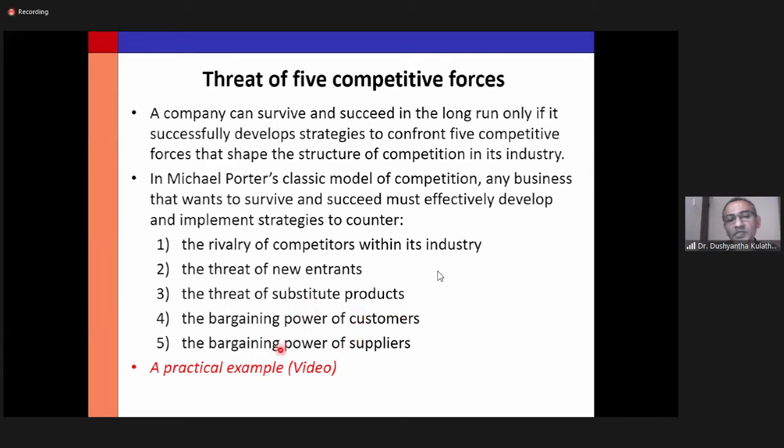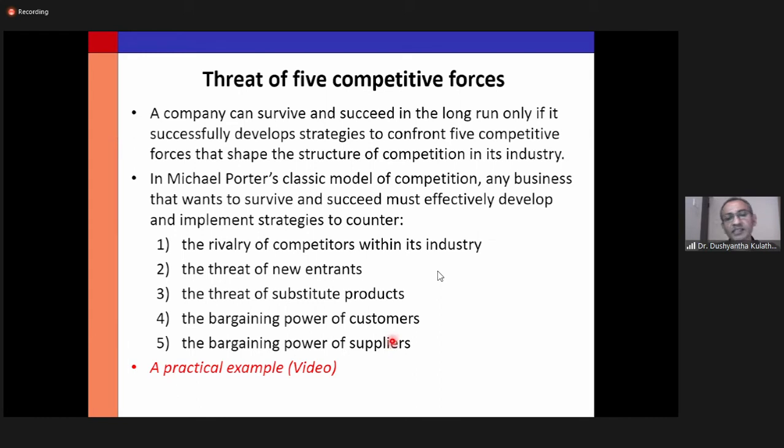And bargaining power of suppliers. Since cotton and other materials are taken from the suppliers, as mentioned in the video, they have a certain level of power.